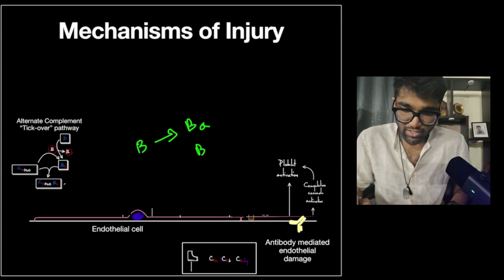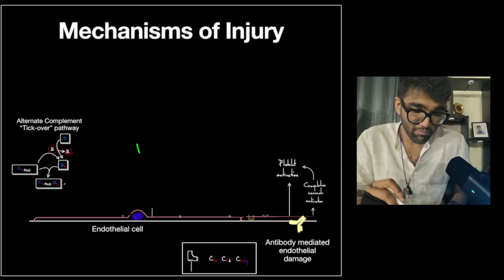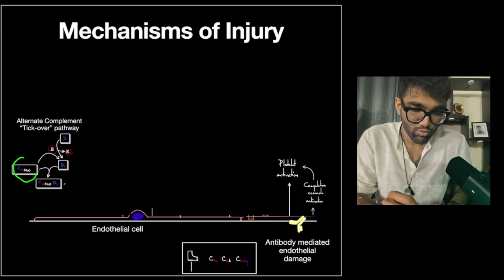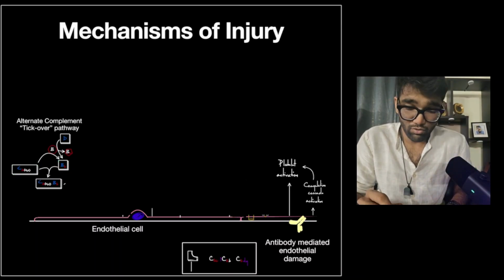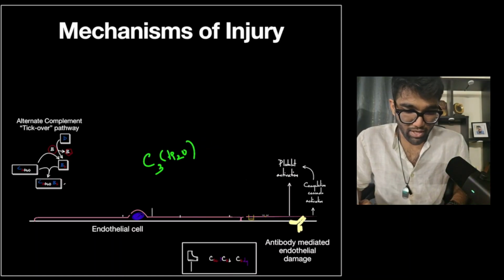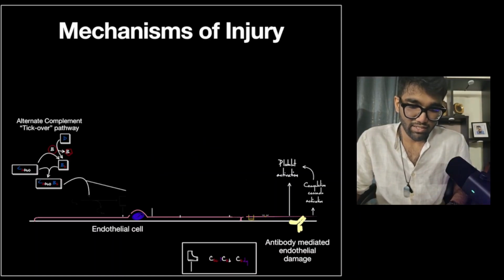Now, once Ba and Bb have been formed, C3H2O and Bb combine together to produce a dimer called the C3H2O Bb complex. And the C3H2O Bb complex in turn has an interesting effect.